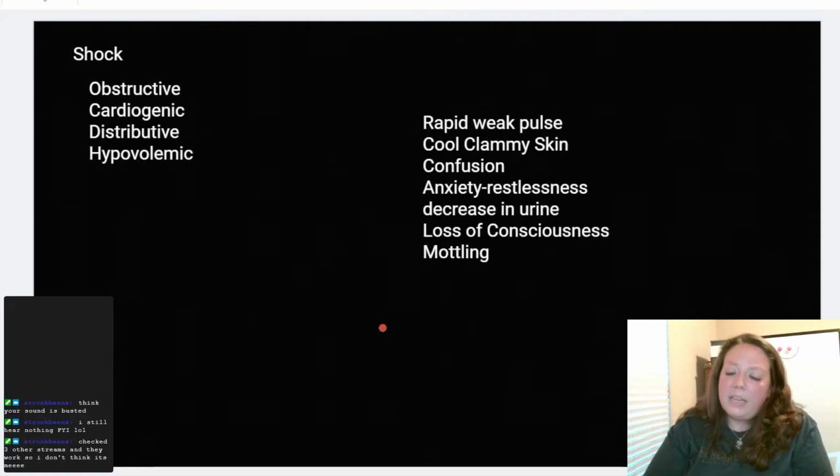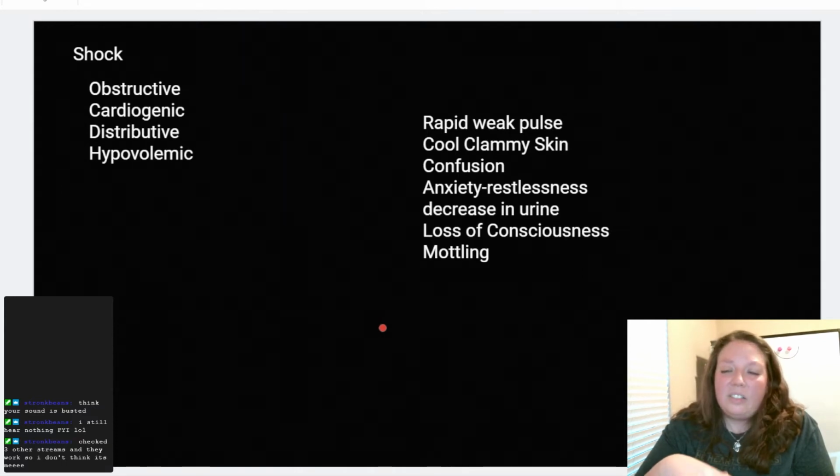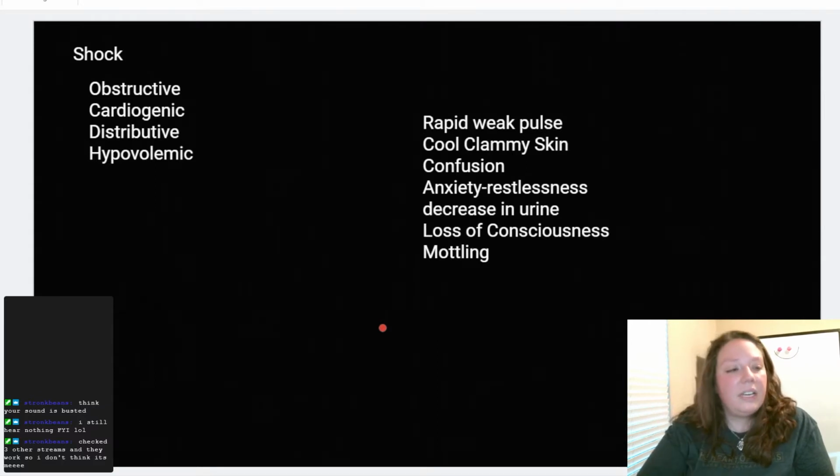Mottling is when your skin looks purplish, pale, splotchy, and I'll show you a picture later. That's one of the things that when you walk in and you look at their legs, or you look at their body and they're mottled, it's not a good sign. It's something that you'll never forget when you see it. All right.